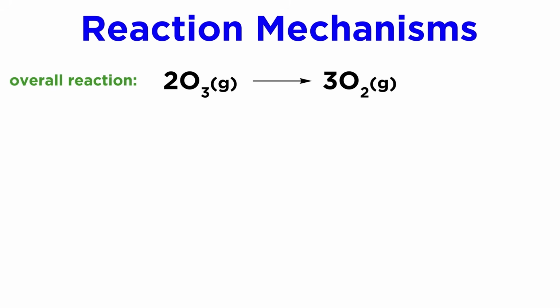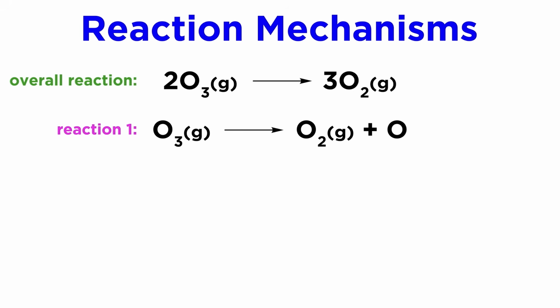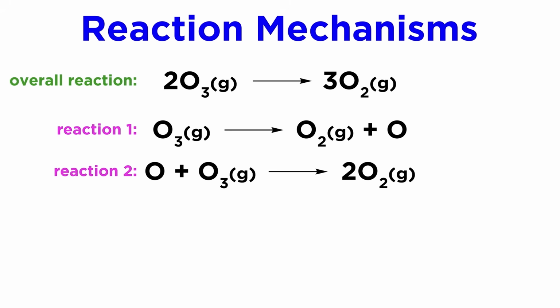For example, the decomposition of ozone to become diatomic oxygen can be shown using this overall reaction, but in reality this reaction happens in two steps. First, a molecule of ozone will lose a singular oxygen atom to become diatomic oxygen, and then that lone oxygen atom will react with another molecule of ozone to generate two more molecules of diatomic oxygen.